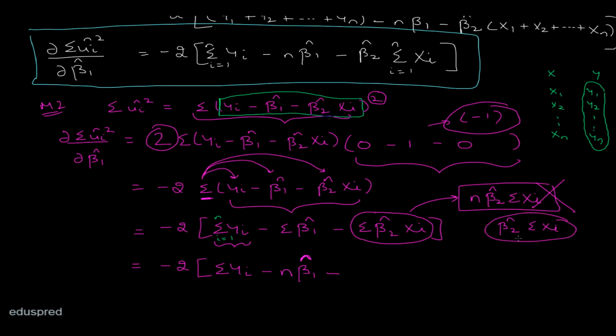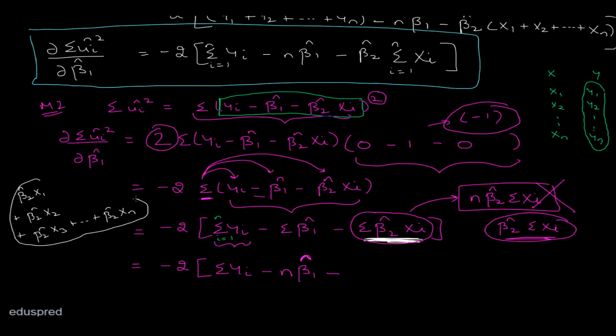Let me show you why I am saying this and how you can visualize it. Over here we have summation of beta 2 hat xi. If you try to expand it, you will see that it is equal to beta 2 hat x1 plus beta 2 hat x2 plus beta 2 hat x3 going on till beta 2 hat xn. Now as you can see, beta 2 hat is common in every term.